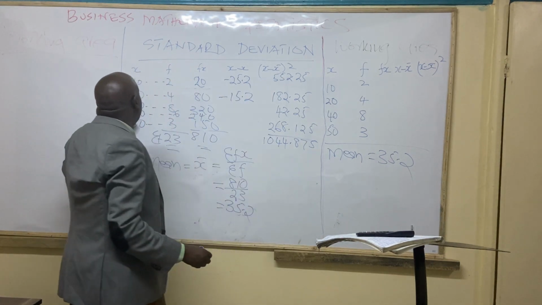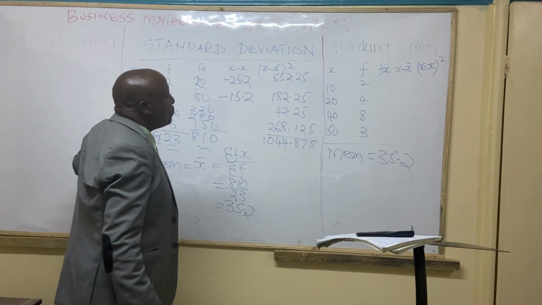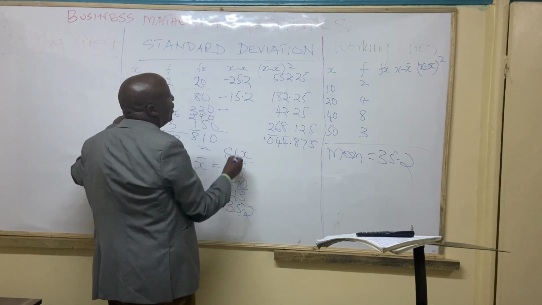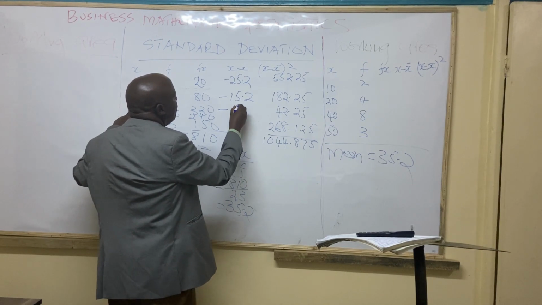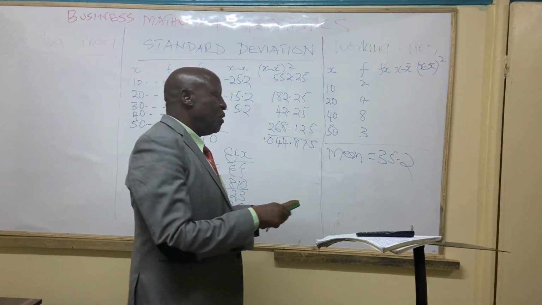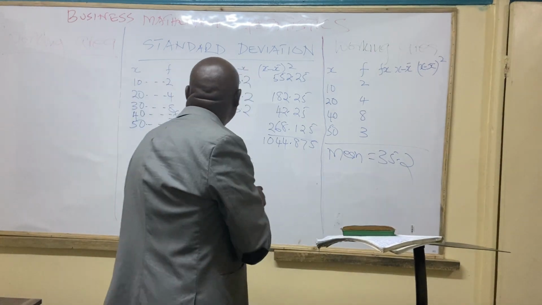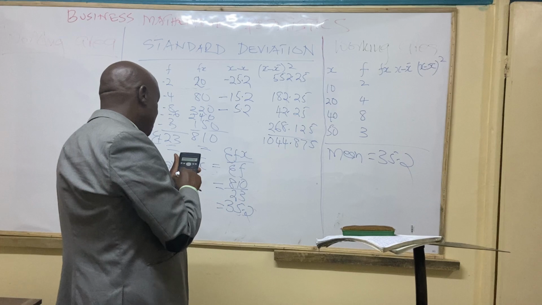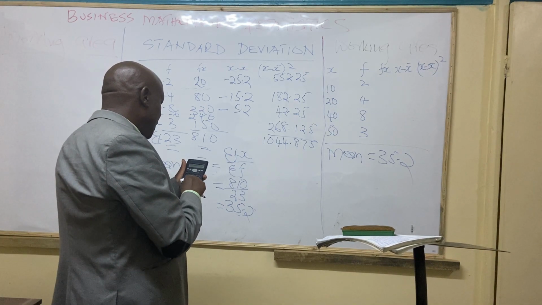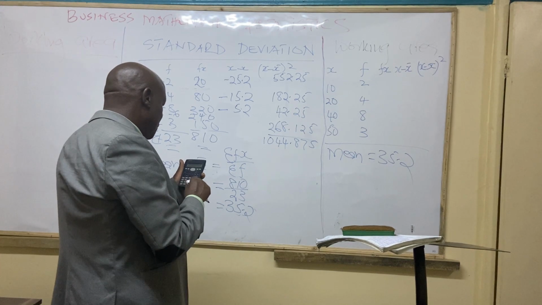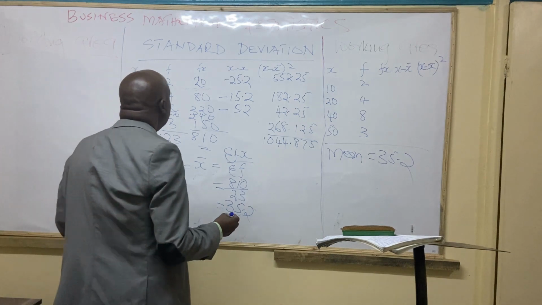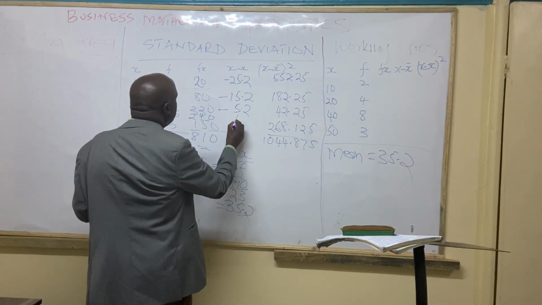And then 30 minus 35.2, it will be negative 5.2. And then 40 minus 35.2, it will be 4.8.